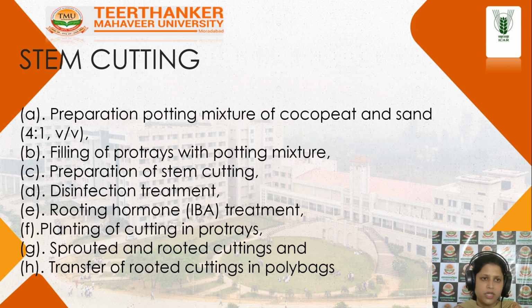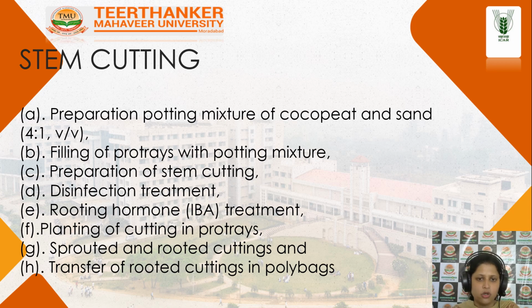So how can we perform hardwood stem cutting in pomegranate? The very first step is preparation of the potting mixture of cocopeat and sand in the ratio of 4:1, meaning 4 parts of cocopeat with 1 part of sand. Through this we can prepare a potting mixture. Then fill fruit trays with the potting mixture, followed by preparation of stem cuttings.